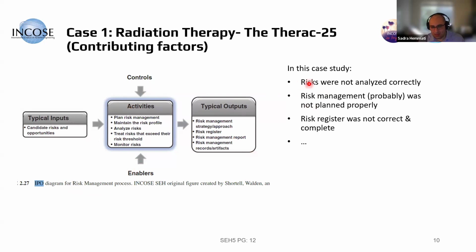I came to the conclusion that risks were not analyzed correctly. They lacked the risk analysis part. Risk management was not planned. There's a good likelihood for that. The risk register was not correct and complete. They didn't consider that. And so on and so on. And you can add more to it.